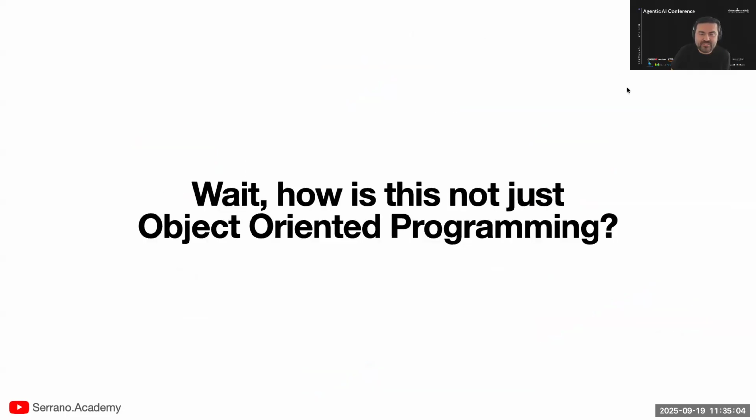I'm going to finish with a last question. When I started seeing agents, I noticed something which I didn't like. When I took my first programming course, it was object-oriented programming, which felt very much like agents, because you have an object that does these functions, passes it here, passes it here, passes it here, and then you get an answer.